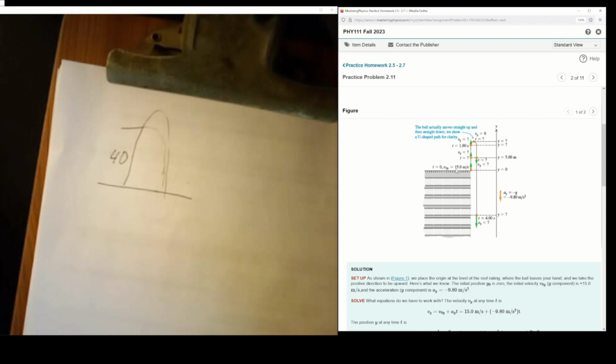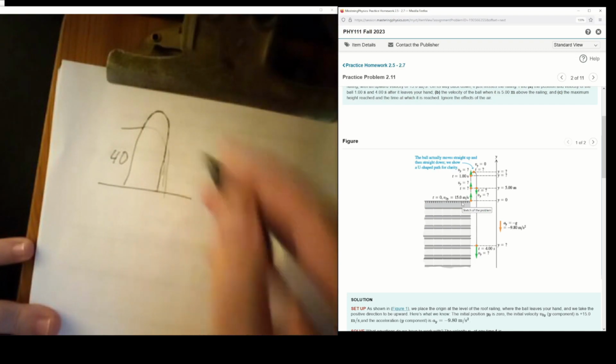And I just want to know if we're supposed to use this 15 meters per second here. So I'm going to go with that. It's not quite clear that's what we're supposed to use, but I'm going to use this 15 meters per second.